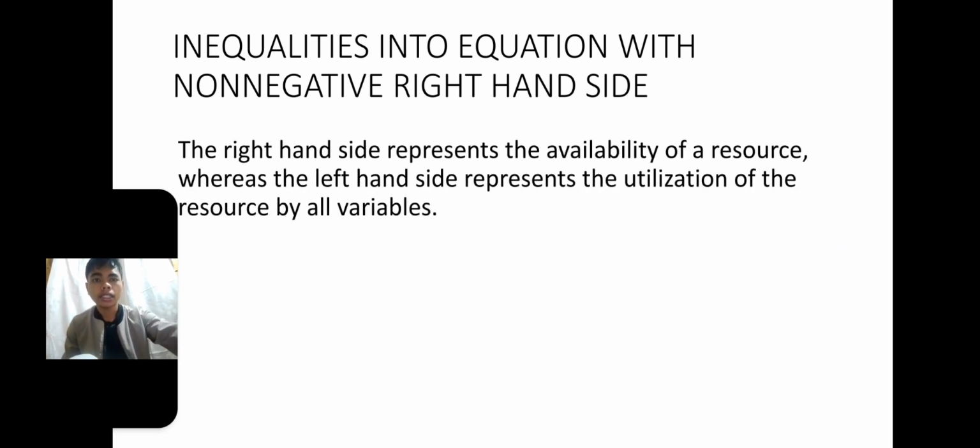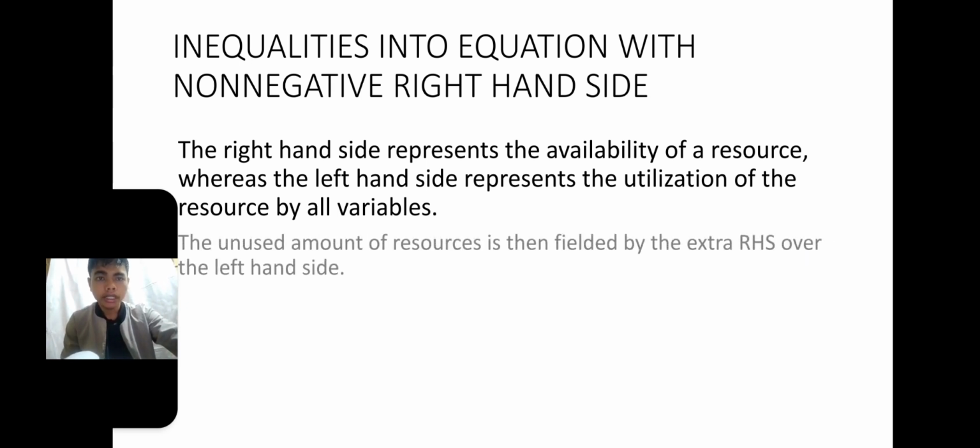The right-hand side represents the availability of a resource, whereas the left-hand side represents the utilization of the resource by all variables. The unused amount of resource is then filled by the extra RHS over the left-hand side.